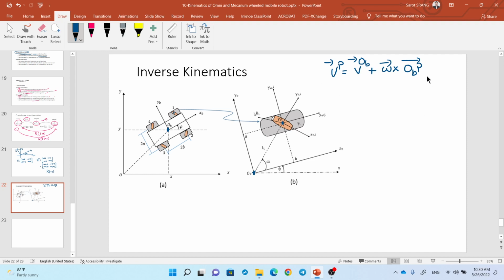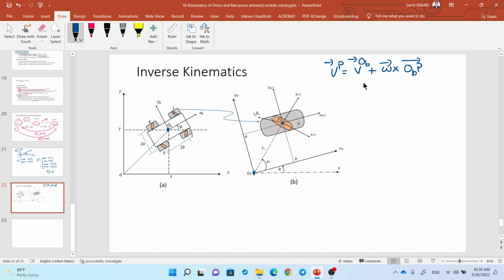Okay, all of these are measured in the global frame, right? This relationship is always true.